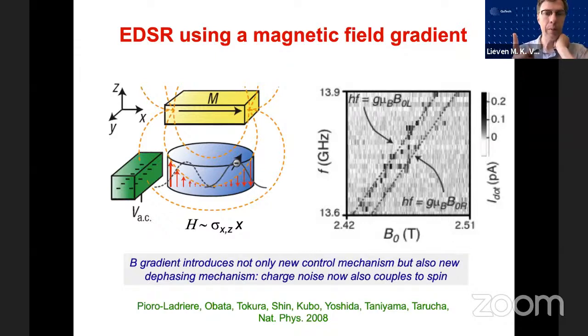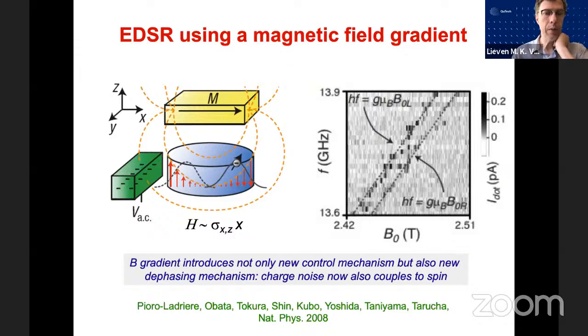And now what I didn't mention, but I'll mention it here: if you have charge noise that wiggles your electron position in an uncontrolled way, then depending on the electron position, the spin splitting will be slightly different, and that leads to phase randomization and to dephasing.